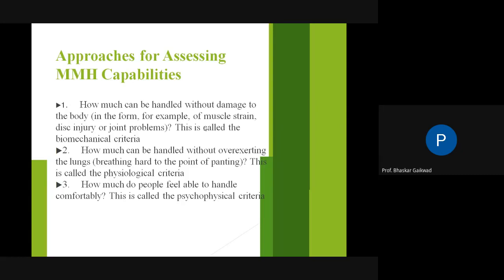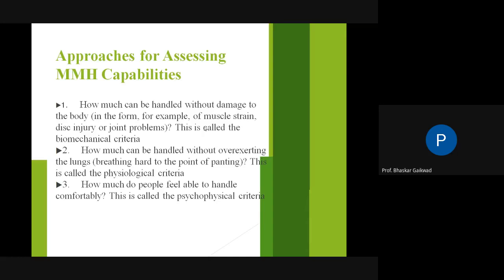Biomechanical means biological, our body comes under biology, and mechanical, this is a part of the equipment or rotating equipment. So there is a certain link. If you lift more than the expected weight, stress will develop in the muscle. The skeleton system will not work. So this point you have to consider for the capability.